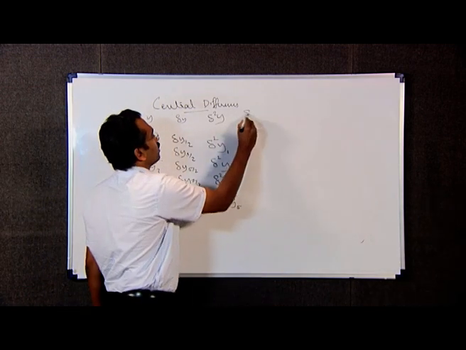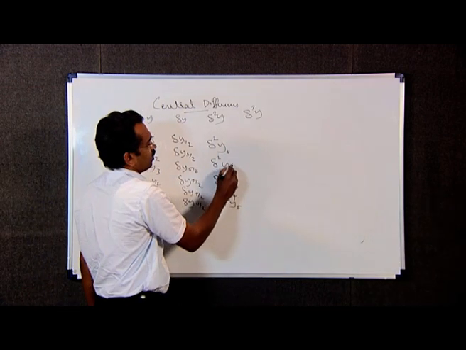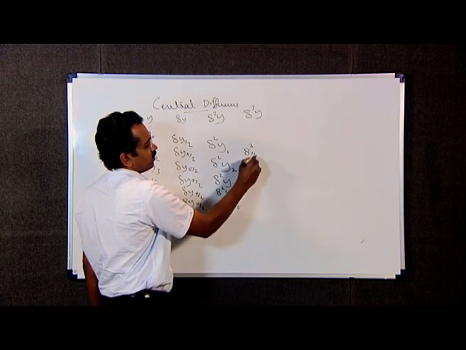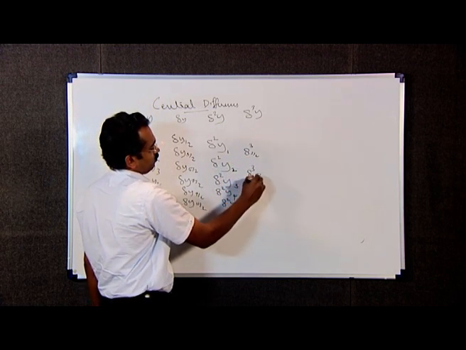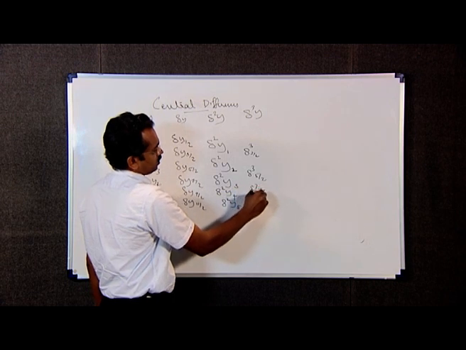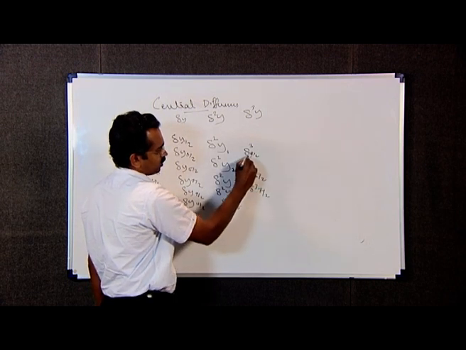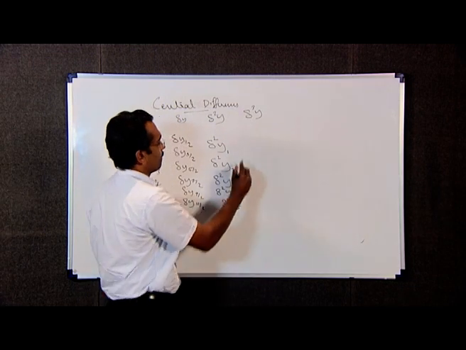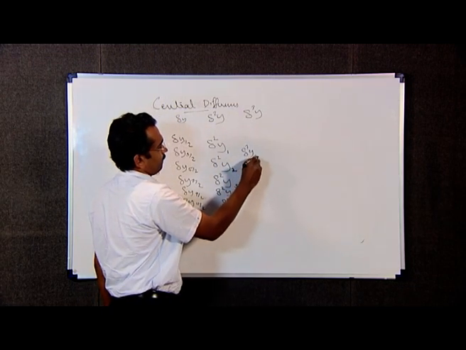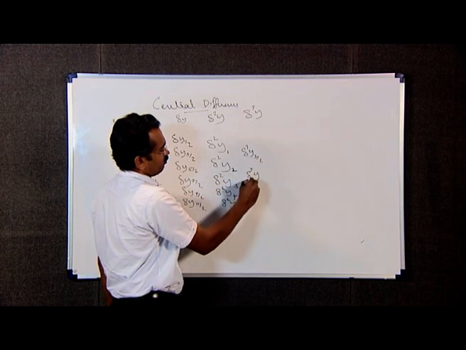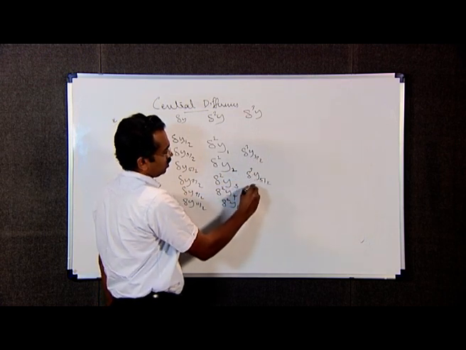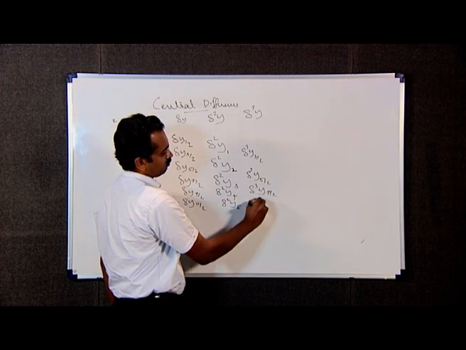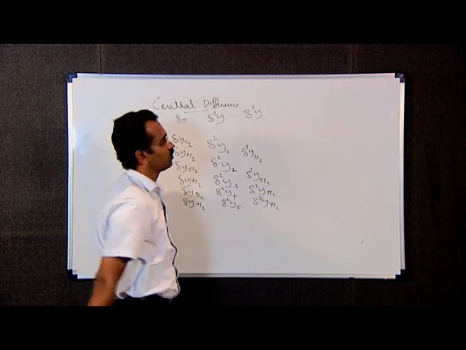The third differences are delta cube y 3 by 2, delta cube y 5 by 2, delta cube y 7 by 2, delta cube y 9 by 2 and so on.